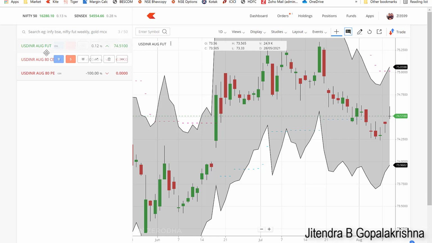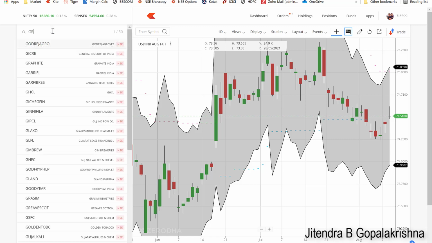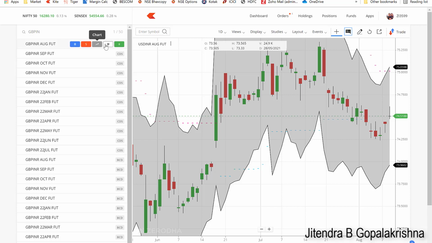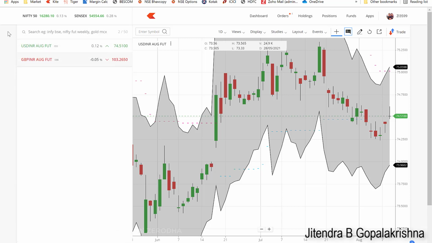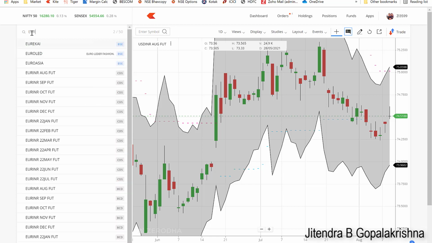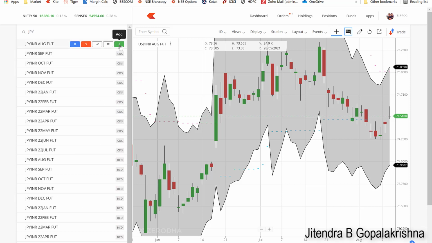So we have USD INR, then GBP INR, then Euro INR, and then Japanese yen and INR.